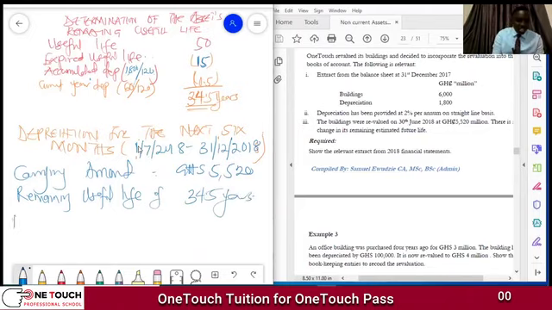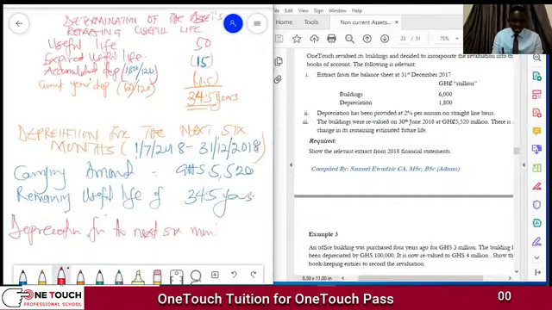So the depreciation for the next 6 months, okay, that's what you're finding.